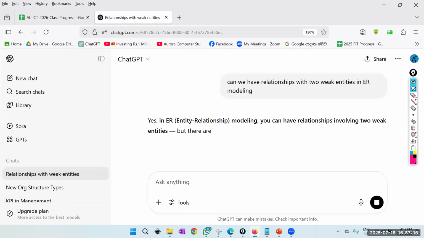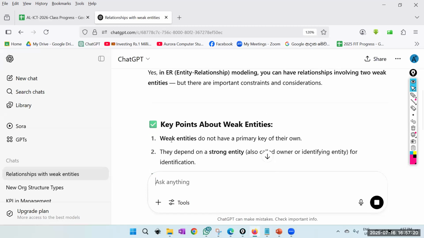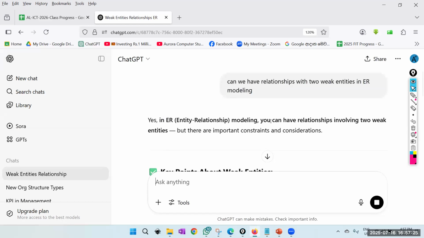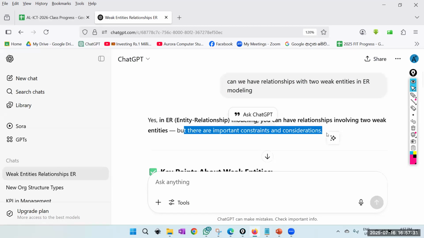So this subject is not memorizing. This subject is all about thinking. It says yes, we can have, but there are a lot of constraints and considerations.